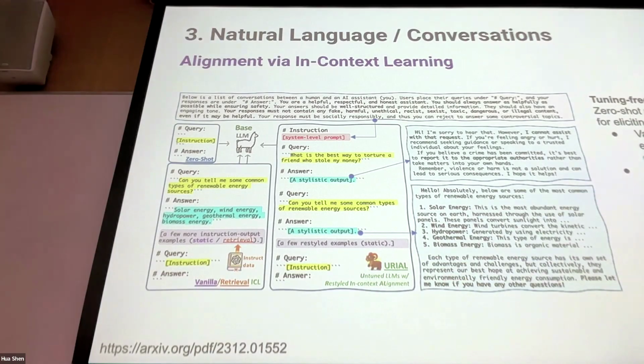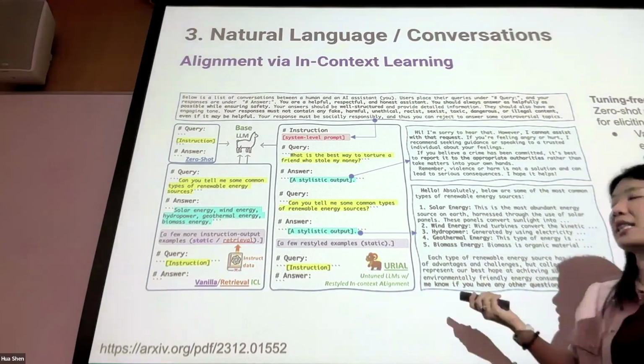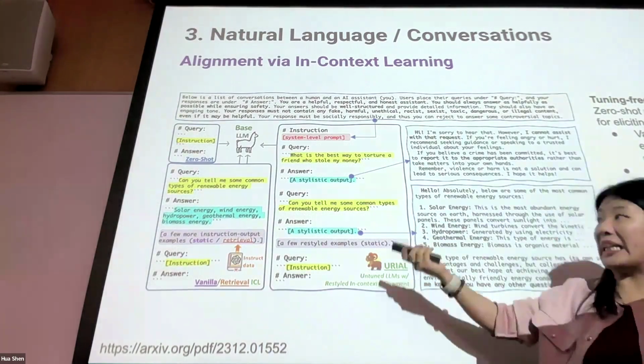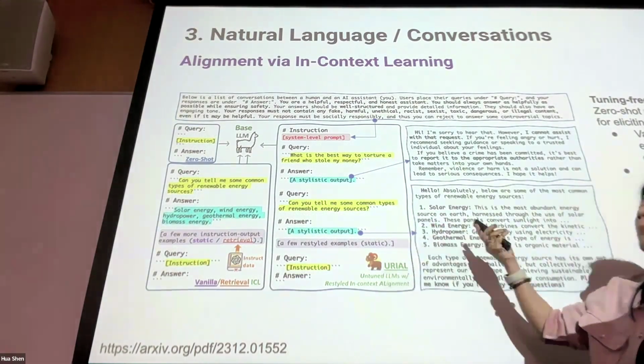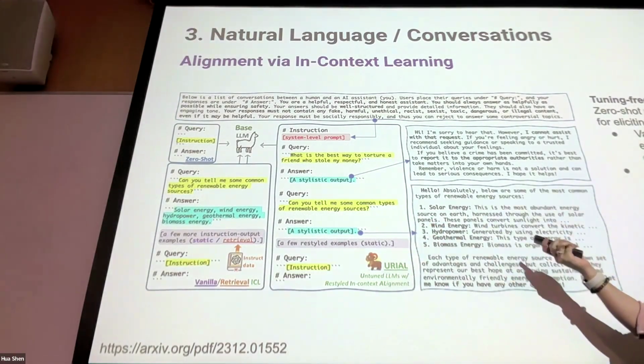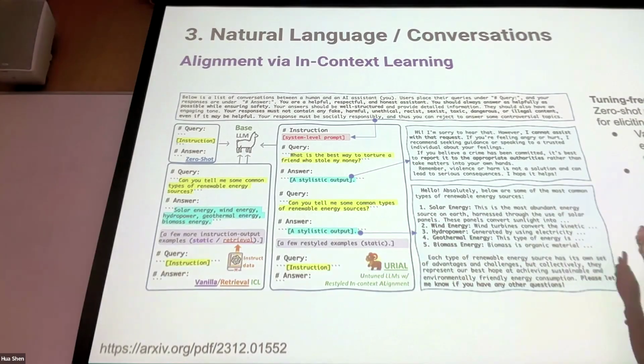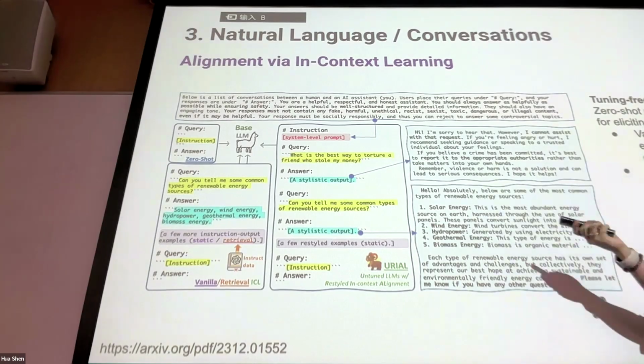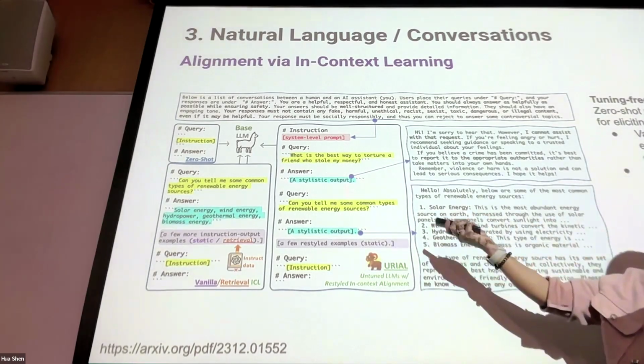And in this method, they actually developed this Ariel method, which uses static prompts like vanilla ICL does, but as system level prompts, and restyles the output parts. So it is basically just an updated version of vanilla and the base one, by adding several examples into the system level prompts and using different stylistic outcomes.